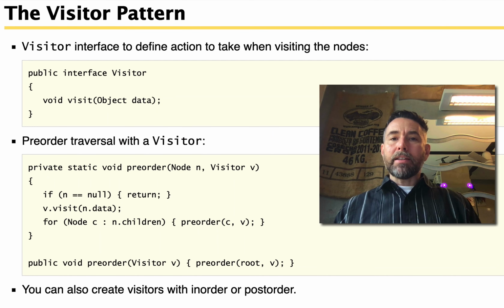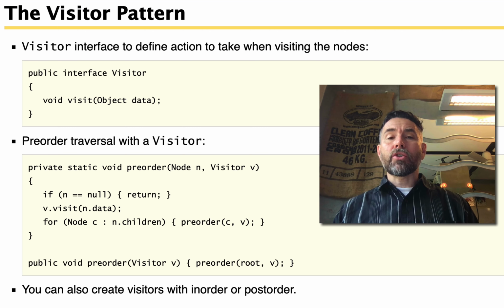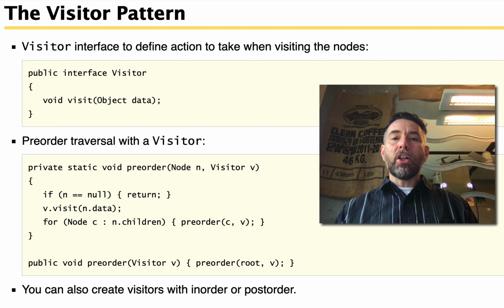This enables us to add an elegant bit of architecture to our search algorithm. And this kind of architecture is called the visitor pattern. In the visitor pattern, what we do is we create a special class, a class that has a method called visit.